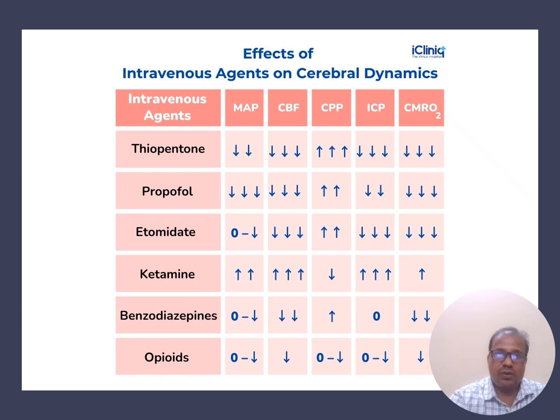Propofol also markedly decreases the mean arterial pressure and the cerebral blood flow, increases the coronary perfusion pressure and markedly decreases the intracranial pressure. That's why propofol is also a suitable agent for hypotensive anesthesia.